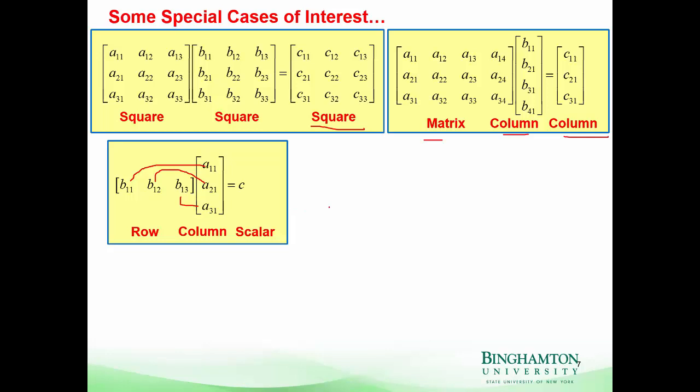And in fact, if we started off with two column vectors, say B, I'll put a line underneath it, and A, put a line underneath it, and suppose we want to do the dot product between them, we can use this idea that we just saw by saying it's going to be B transpose, that makes it a row, times A. So that's a common way to write the inner product between two vectors.